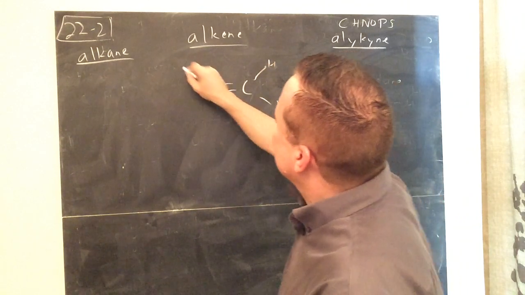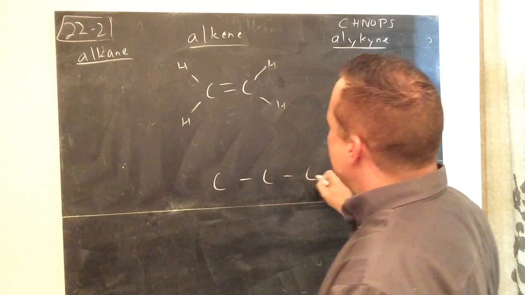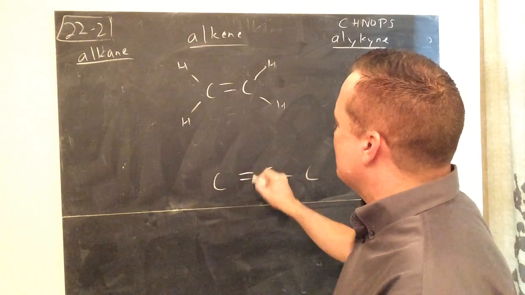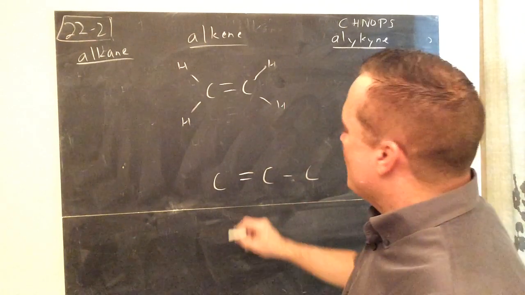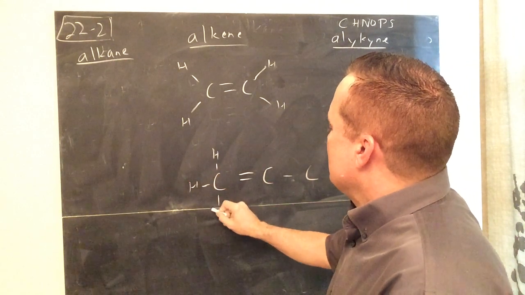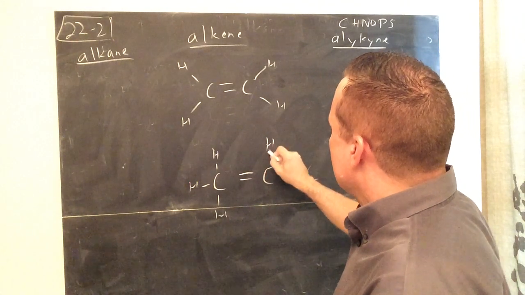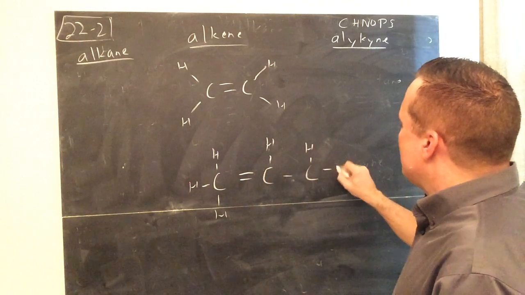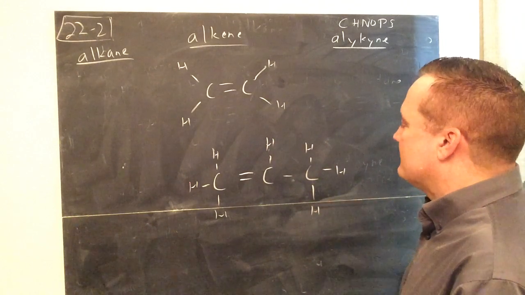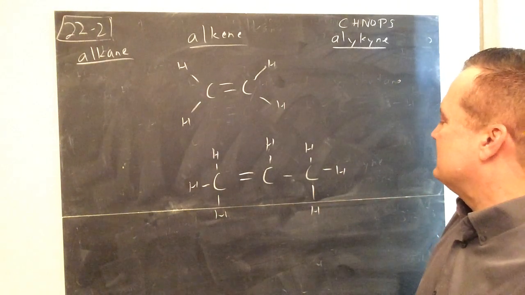Here's ethene. But what about propane? If I go to propane, I put a double bond. I can put it here, or I can put it there. Now, it's only going to be one. So what you do is kind of the same way we did with priority before. You want to give the double bond the highest priority number, like number 1 on the top 10 list, as close to number 1 as it can get.